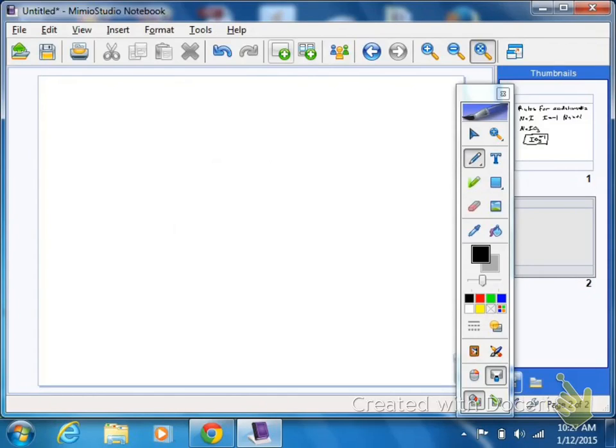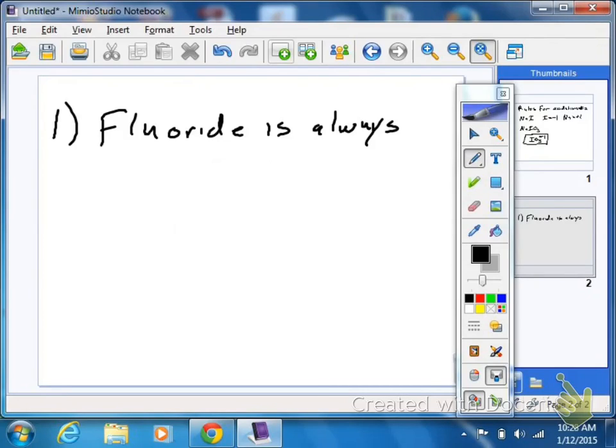Some of the rules that we want to look at, and I'm not going to list them all: Number 1, we're going to say fluorine's always a -1, no exception. Let me give you an analogy for this.